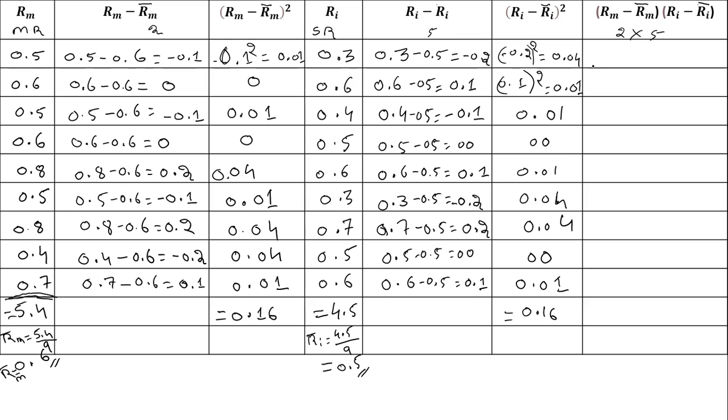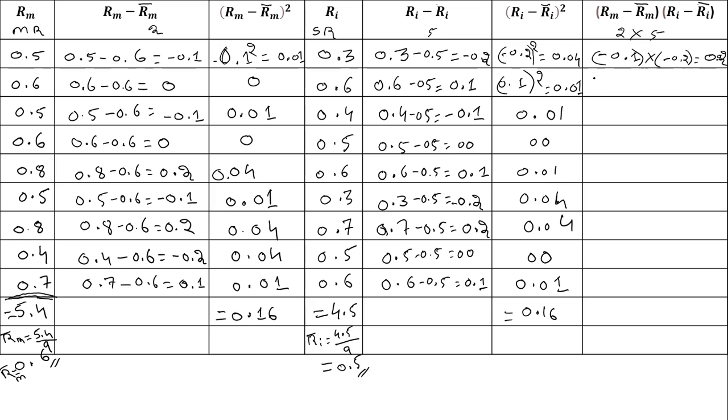Here, column number 2 is minus 0.1 into column number 5, which is minus 0.2. So we will get the value plus 0.02.